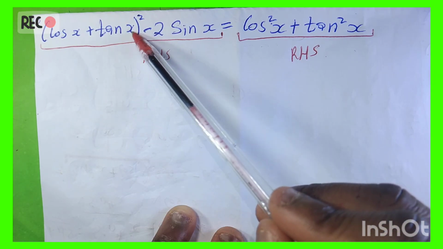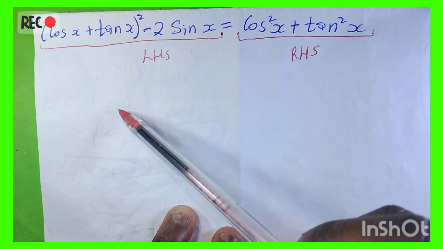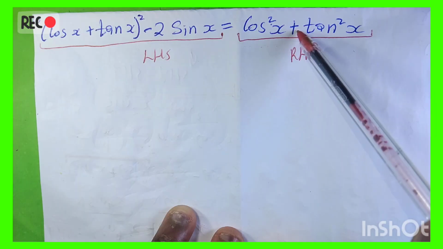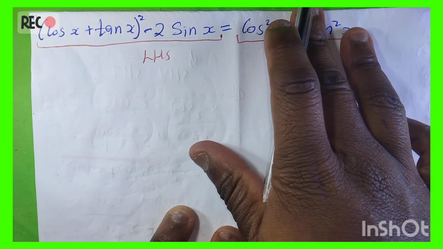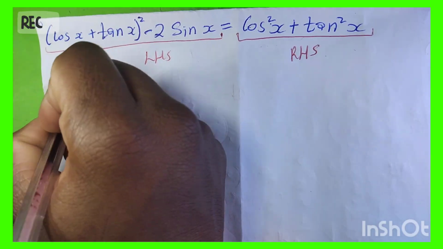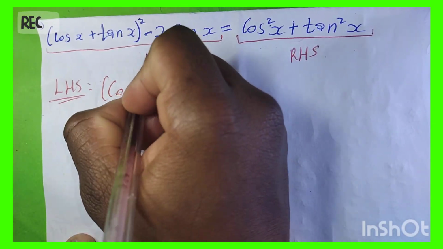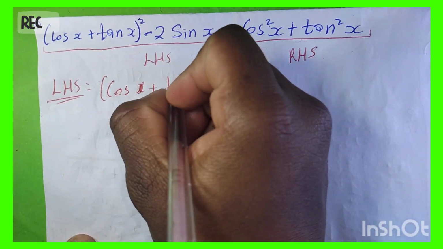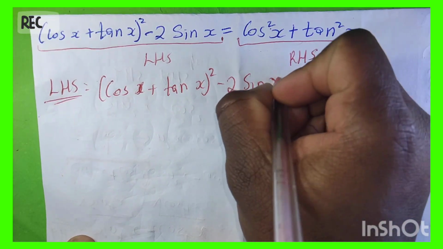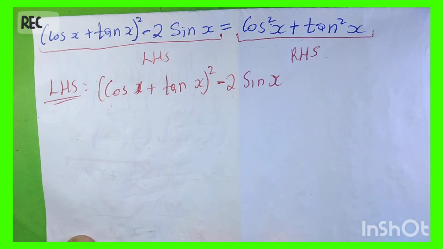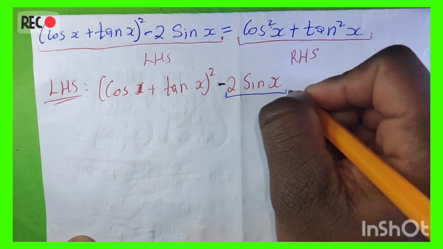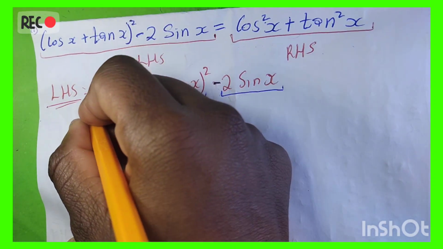The side which has some brackets, take that side, because you will expand those brackets until you get the other side. So let me take this side. My left hand side is tan x plus the bracket, 2 minus sine x. Here I've got this negative, which tells me about this term as well as that term.